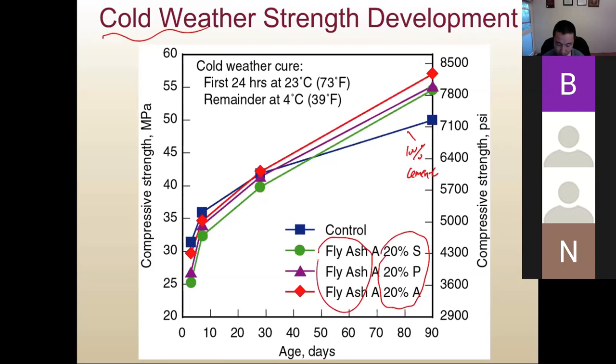Compared with the control mix, concrete with fly ash will have a lower early age strength. You can see the early age strength up to the first month, 28 days, is lower for concrete with fly ash. But the strength will catch up and surpass the control mix after the first 28 days.